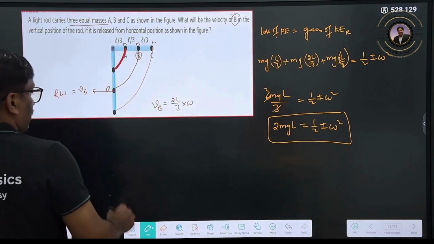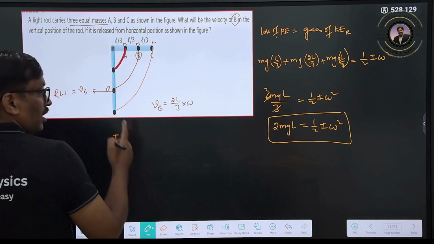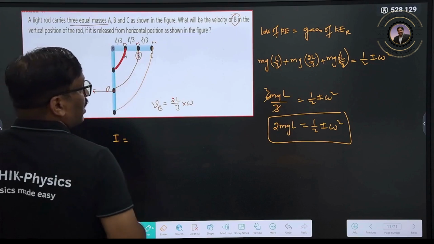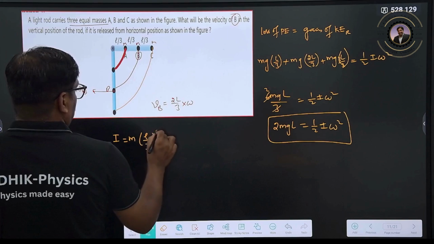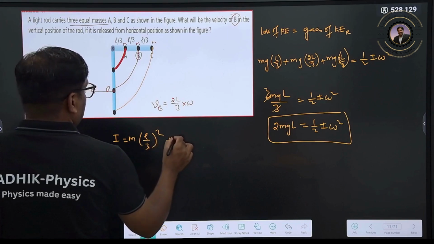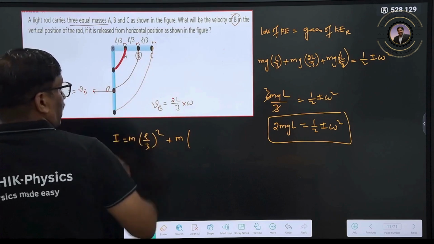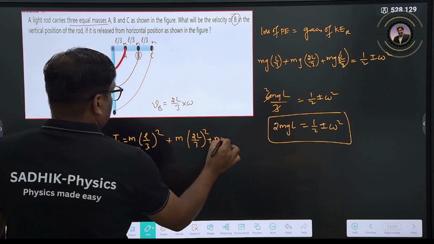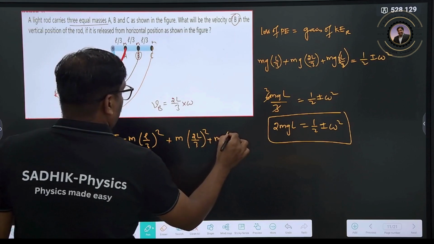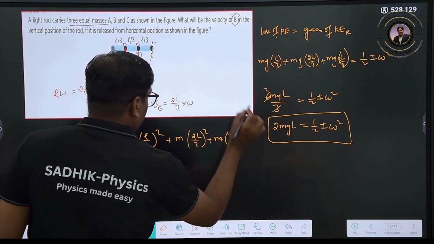What is I here now? I is equal to mr square. Here these are particles, so m into L by 3 whole square, plus m into the perpendicular distance 2L by 3 whole square, plus m into 3L by 3 whole square, clear?